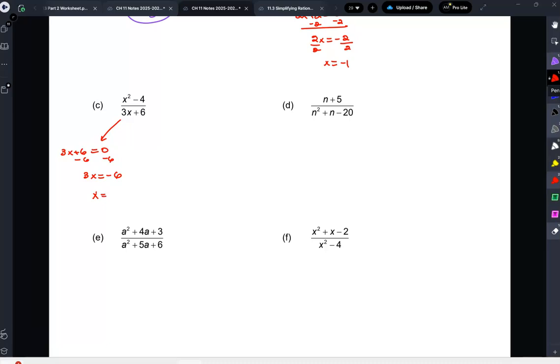What's x equal to? Negative 2. I did divide by 3, that's how I got negative 2. So this is the excluded value. x can't equal negative 2. Now what do we do here?